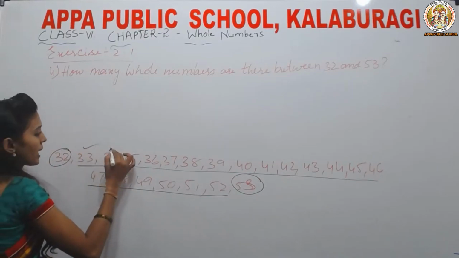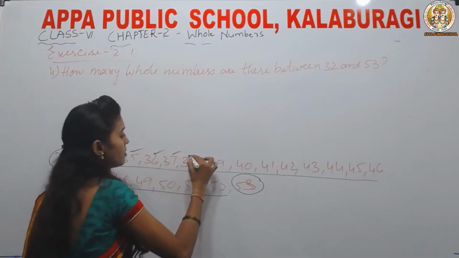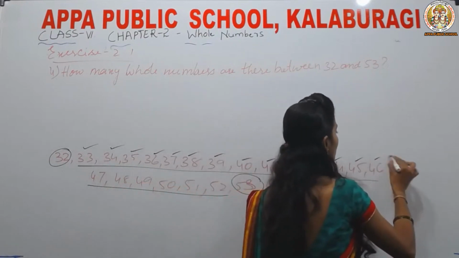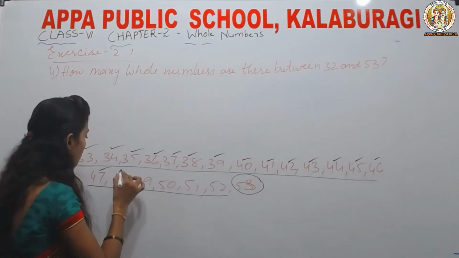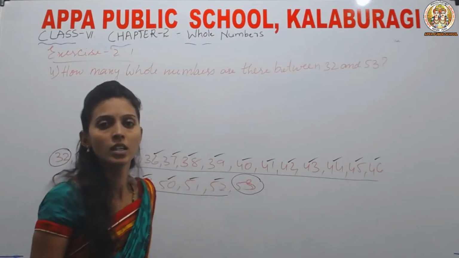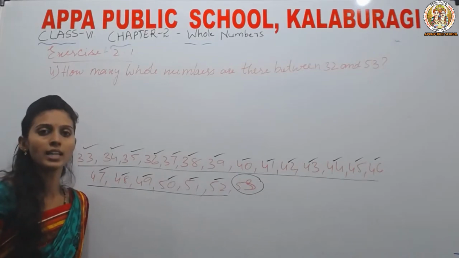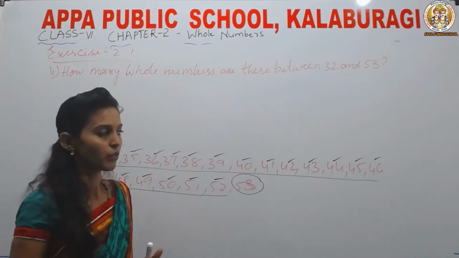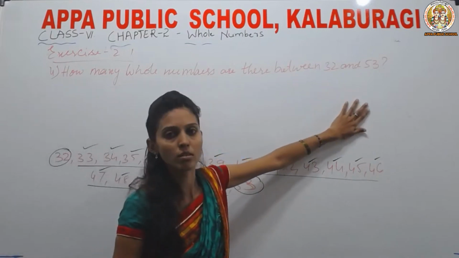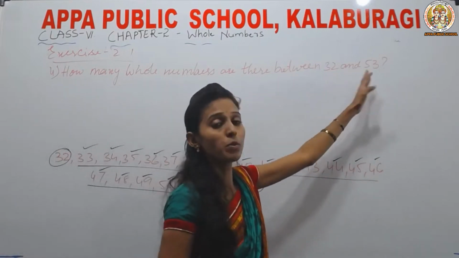See, 1, 2, 3, 4, 5, 6, 7, 8, 9, 10, 11, 12, 13, 14, 15, 16, 17, 18, 19, 20. So, if you write both answers, both will be right. If you say there are 21 numbers between these two, that is also right, because you will find the difference between these two.